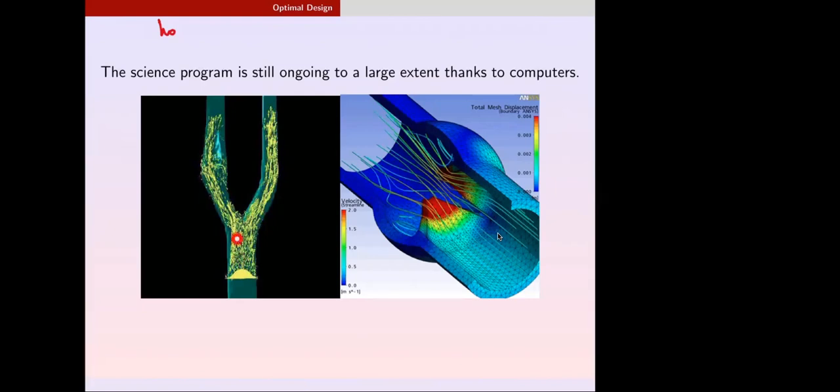Because the computational tools that are used in order to compute complex flows around an airfoil can also be developed and implemented in order to compute blood flow in the human cardiovascular system along arteries, right?